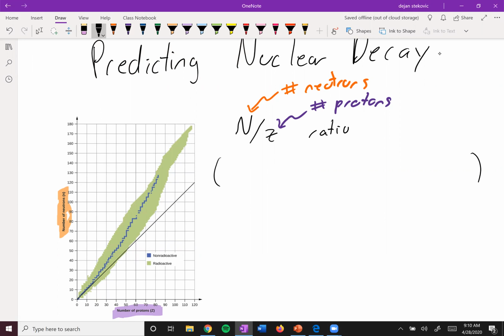Basically, we just can't add more and more neutrons, because similar to how electrons occupy orbitals and energy levels, protons and neutrons do the same thing. So when you keep adding more and more neutrons, you're adding them on higher and higher energy levels.